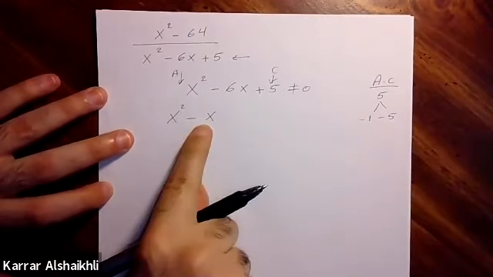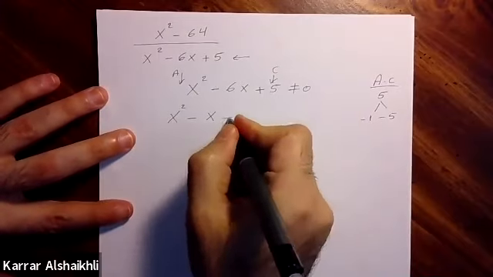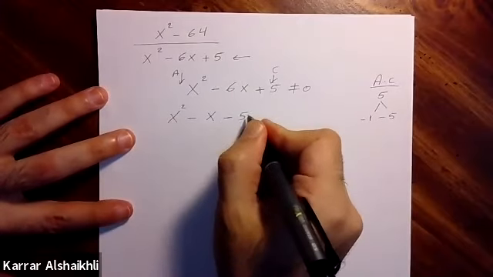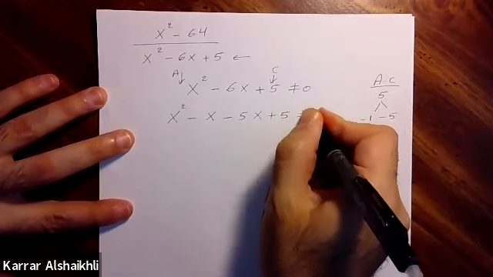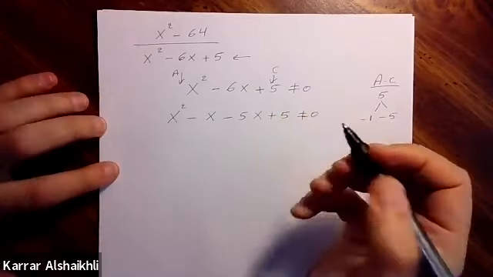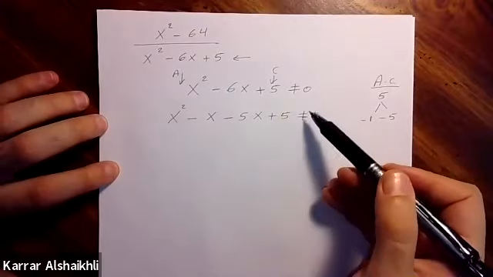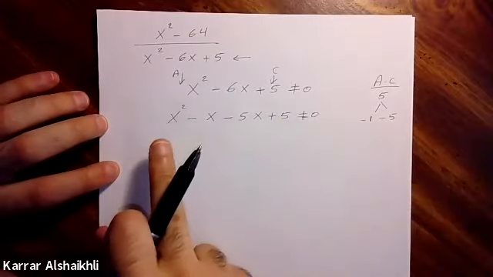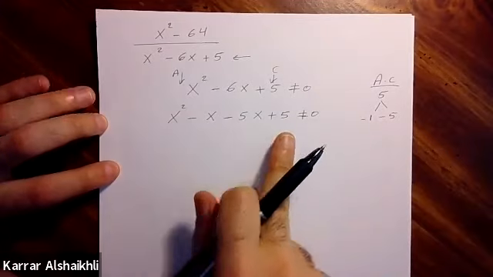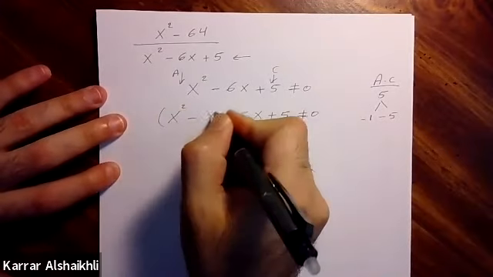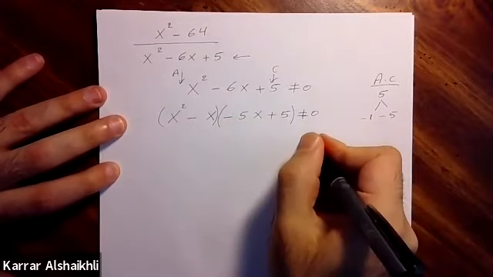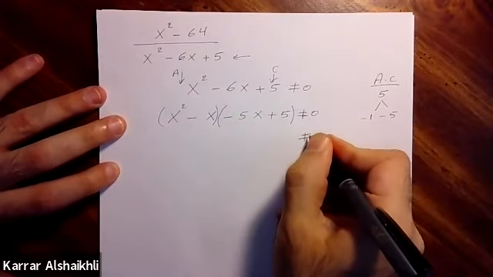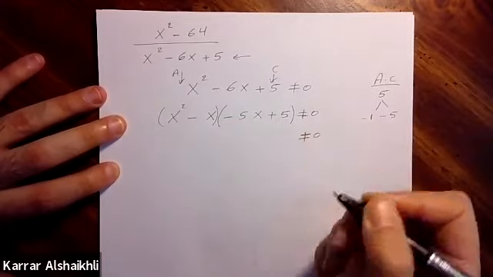I don't have to write down the 1. Minus 5x plus 5. It's going to be not equal to 0. Now I have 4 terms: 1, 2, 3, 4. So I'm going to group the first 2 terms and group the last 2 terms.